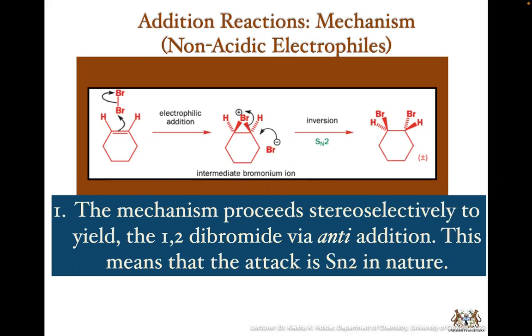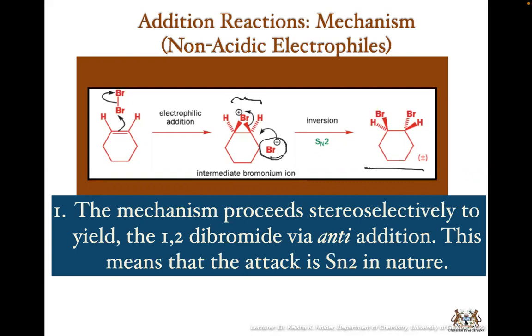So this is our bromonium. It's a three-membered ring. It becomes opened or attacked by the bromide, which left just a few moments ago, and that leads to inversion of stereochemistry, and that plays out here in our product.